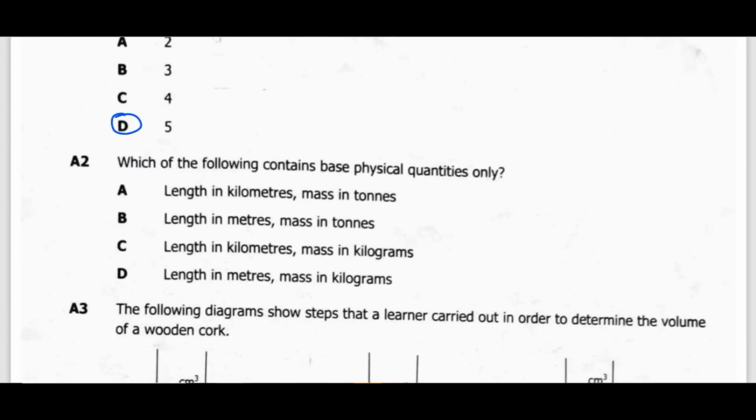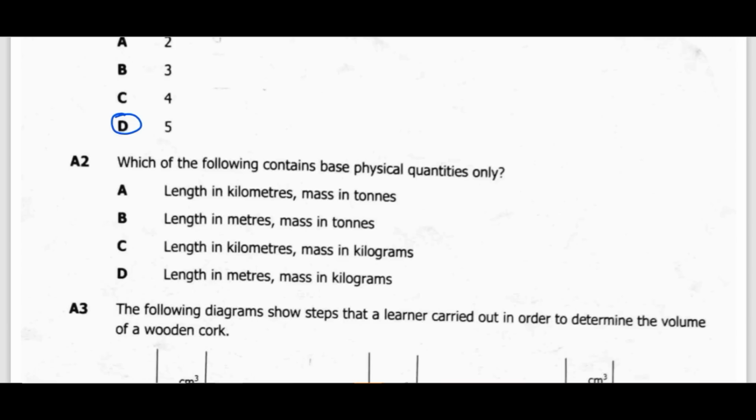And then, which of the following contains base physical quantities only? So physical quantities only is what we are looking at. Length in kilometers, mass in tons: this is incorrect. B, length in meters, mass in tons: still it is not convincing.